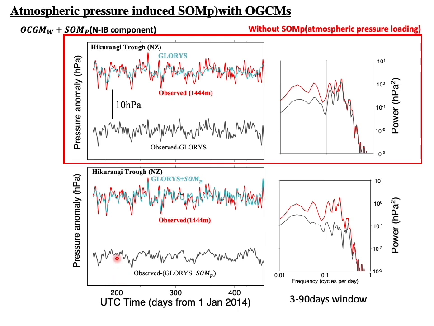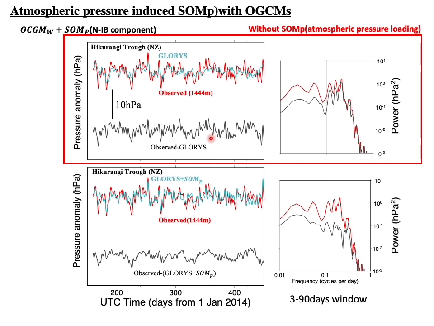The upper part shows the comparison of observation with GLORYS without the SOMP. The red line is observations, and the sky blue line is modeled OBP of GLORYS. Each of them is band passed within 3 days to 90 days, and this black line is the residual after subtracting modeled OBP from observation.